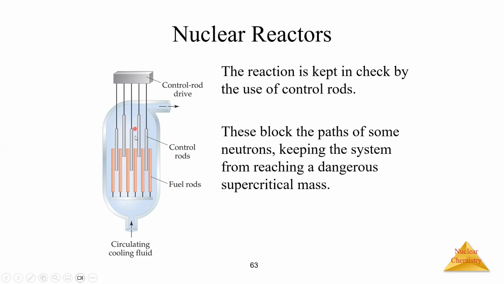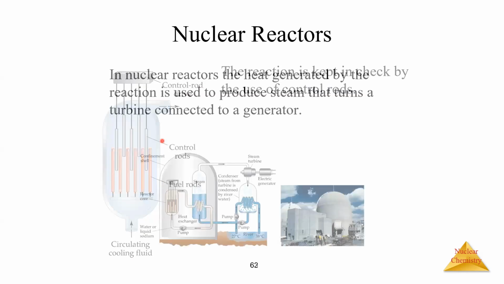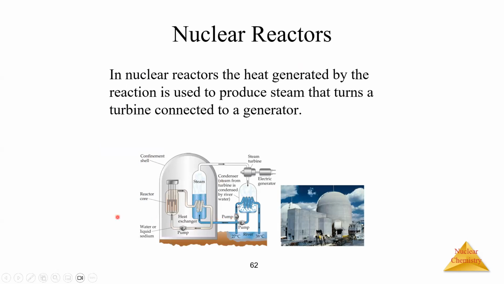But then in between them, we're going to have the control rods, which make sure that this reaction doesn't get so out of hand that it effectively causes sort of a meltdown, a catastrophe at the nuclear power plant. So the control rods are going to be important for keeping the reaction from going too fast and producing too much energy at one time. But to go back here, this is going to be just a general schematic of how the nuclear reactors work.